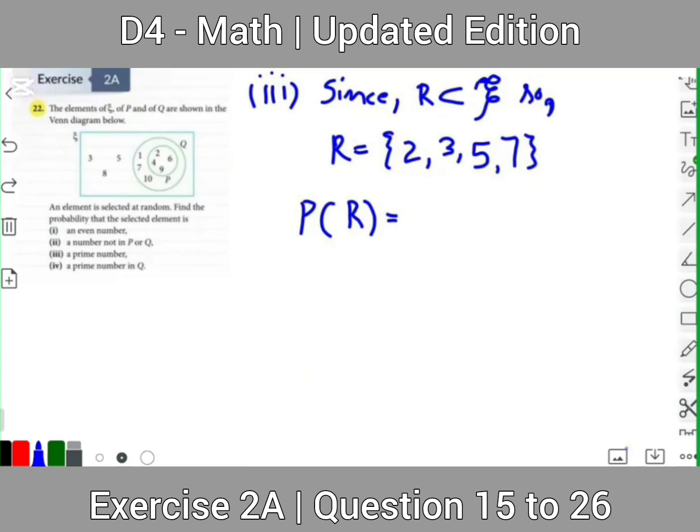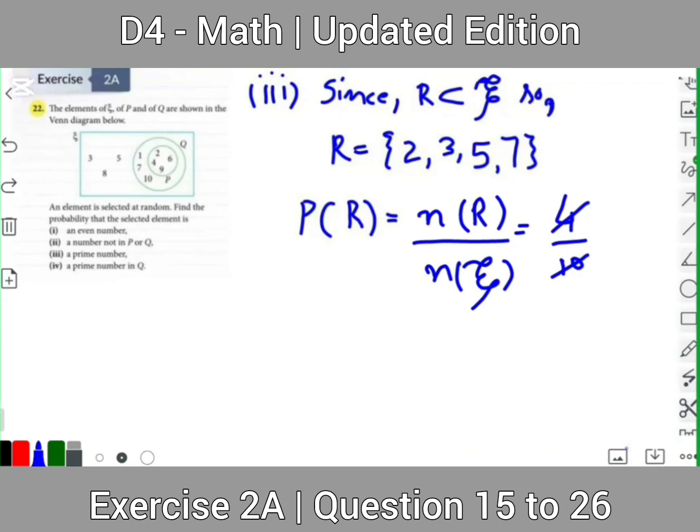So the probability for R is the number of elements in the event R divided by the number of elements in the set eta. Since the number of elements in the set R is 4 and the number of elements in the set eta is equal to 10, it will be simplified to 2/5. So the probability for the event R is equal to 2/5.